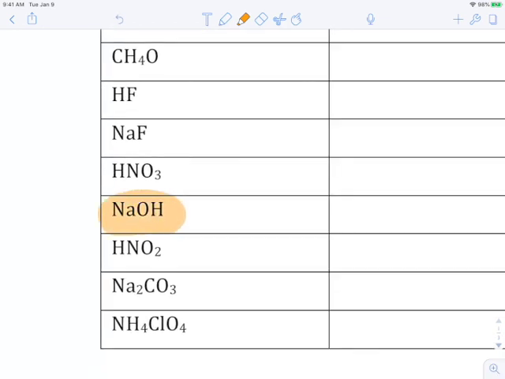So NaOH is a base. Do y'all remember if it's strong or weak? Anyone remember if it's strong or weak? You can either yell out, I hear Nicole saying strong. Yes, it is strong. So Nicole, how did you know it was strong? And I hear Juan saying strong as well. Either of you, how'd you know it was strong?